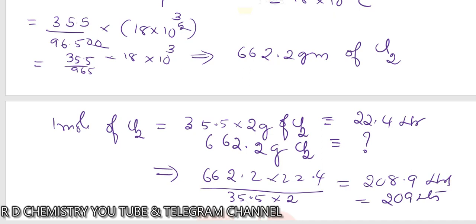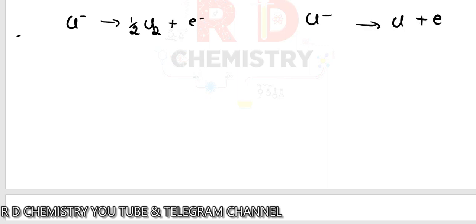I'll give the alternate method now. We'll use the equation: chloride Cl minus becomes half mole of chlorine gas plus 1 electron, or chloride becomes a chlorine atom and loses 1 electron. Or you can make use of 2 chloride ions becoming a chlorine molecule, and 2 electrons are lost.